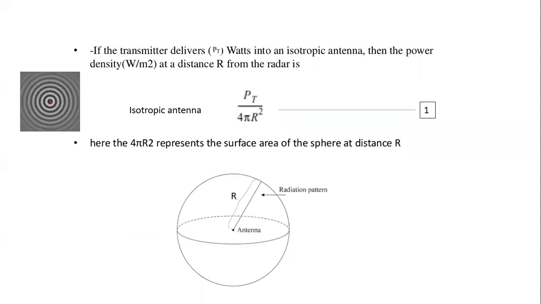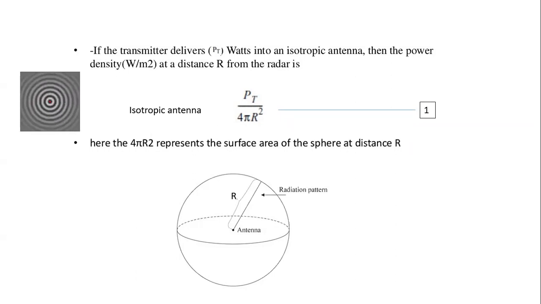First thing, let's assume that we are having an isotropic antenna. What is an isotropic antenna? It will be sending our signals in all directions, like 360 degrees. Now, if PT is the transmitted power of a transmitter which has been sent from this isotropic antenna, then we will call it PT.